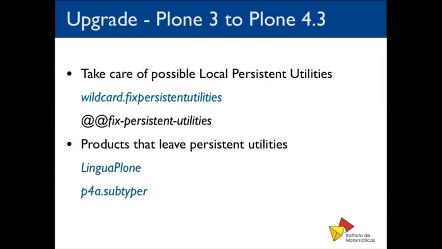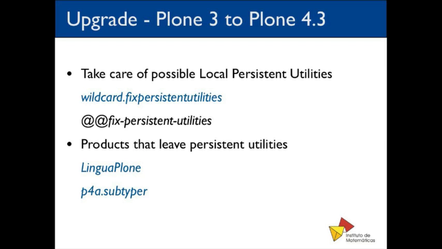Other troubles we found when migrating is that there are some products that leave persistent utilities installed. When you uninstall them, there are still things there that might cause some trouble when you try to run the upgrade, when you try to move to the next version of Plone.